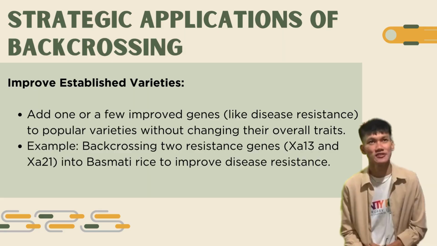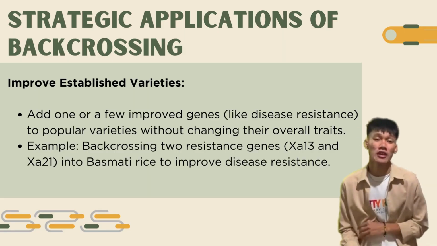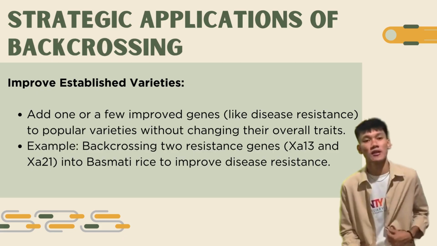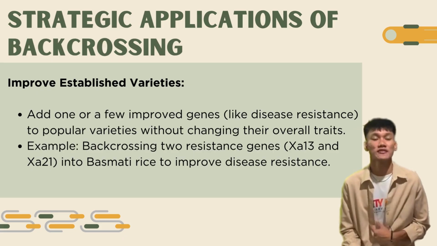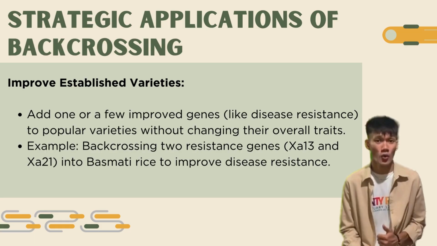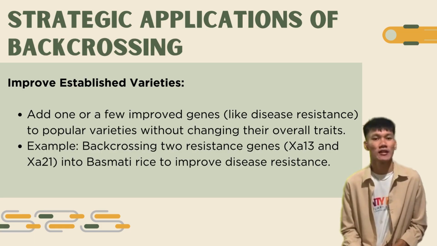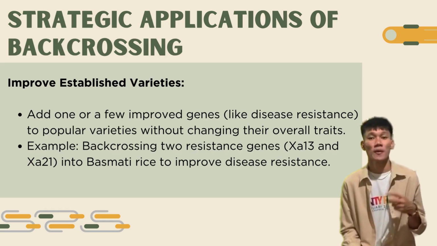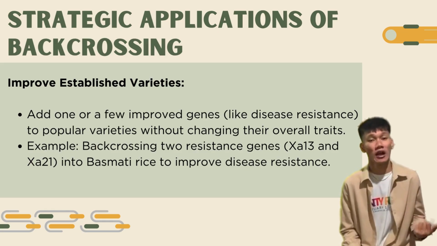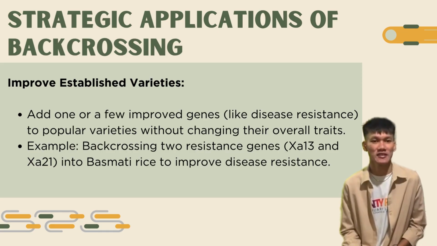Next, the third one is the improved established varieties. The improved established varieties means adding one or a few improved genes, like disease resistance, to popular crop varieties without changing their main characteristics.